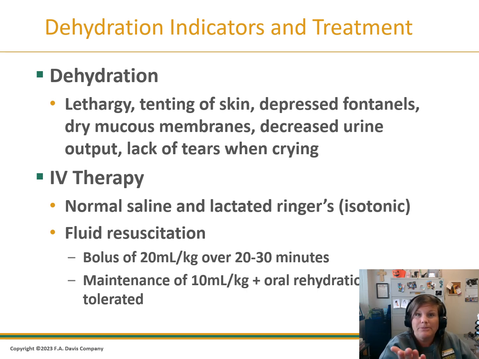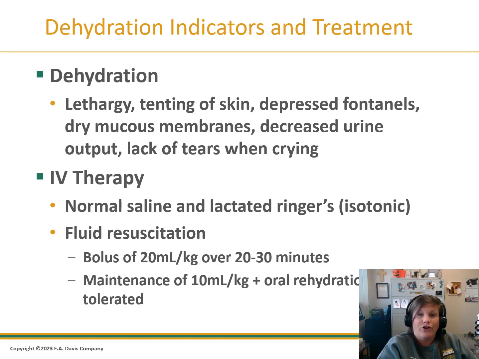Now, you might remember from our content back in chapter 8 that it's typical of newborns and early infants not to have tears, that's just part of their normal system at that age. And so obviously we have to consider the child's age as to whether we would expect that tear production or not. And then obviously urine output is a great way to evaluate hydration status.